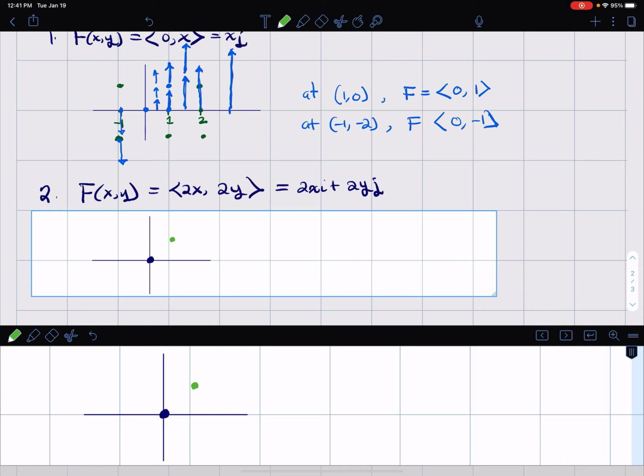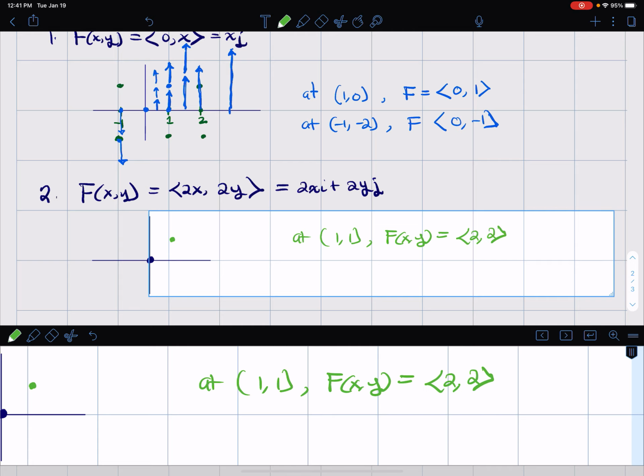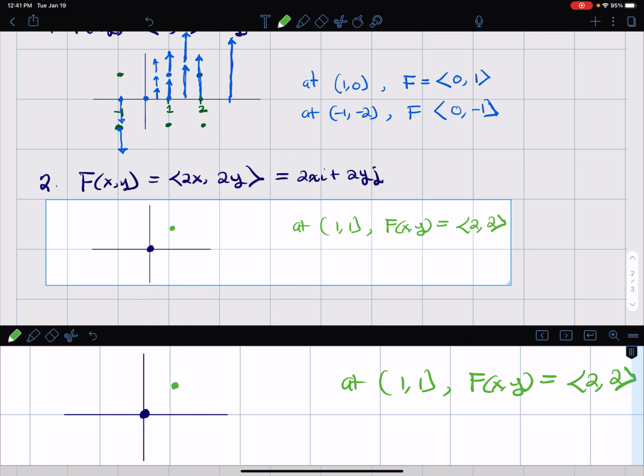Then we have a vector that's 2, 2. So at the point 1, 1, our vector f of 1, 1 becomes 2, 2. So we just have a vector that is 2 units up there.